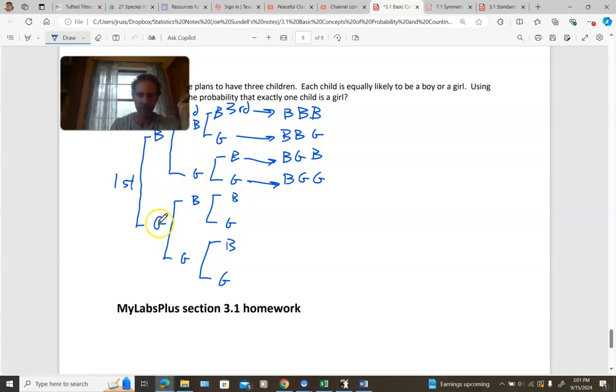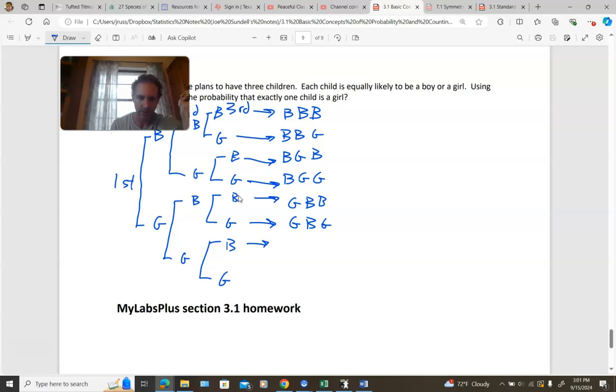And then if the first one was a girl, the second one was a boy, and the third one was a boy, then you've got a girl, boy, boy possibility. And similarly here, you've got a girl, boy, girl. I know this is a bit tedious, guys, but it's done more for understanding than just an exercise in tedium.